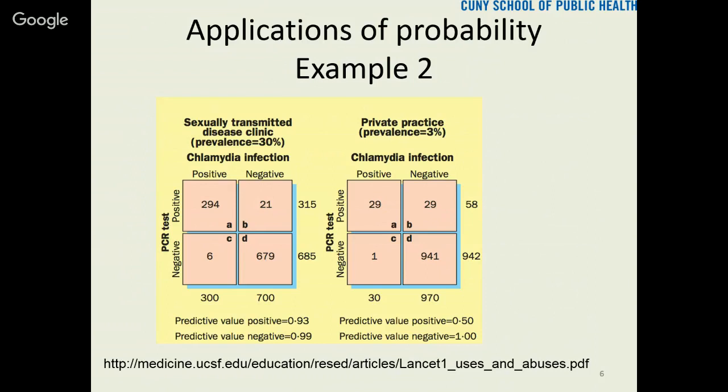One is a sexually transmitted disease clinic, and the other one a private practice, with the difference being that in the STI clinic or STD clinic, there's a higher prevalence because you have more people going there specifically because they have noticed some symptoms. So this is the same test being applied to the patients in two different clinics.